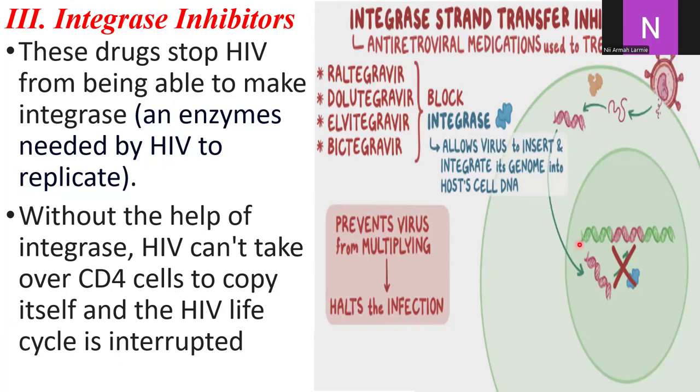Basically, once the DNA has been formed, so this is RNA being converted to DNA, the DNA can be incorporated into the host genome, and then it takes over and uses it for replication. But integrase inhibitors prevent the integration of the viral DNA into the host genome. So basically, it blocks the activity of the enzyme integrase.